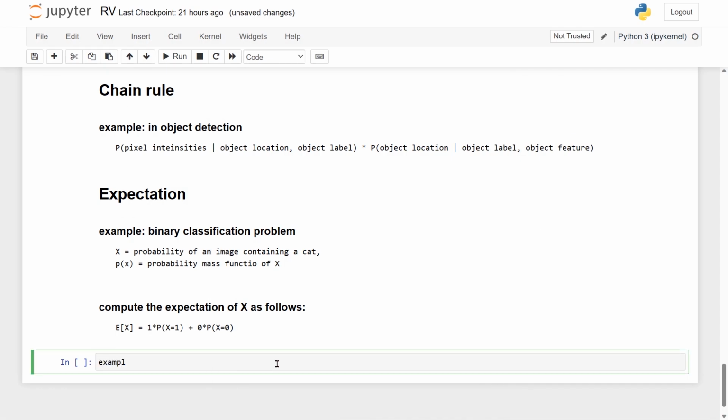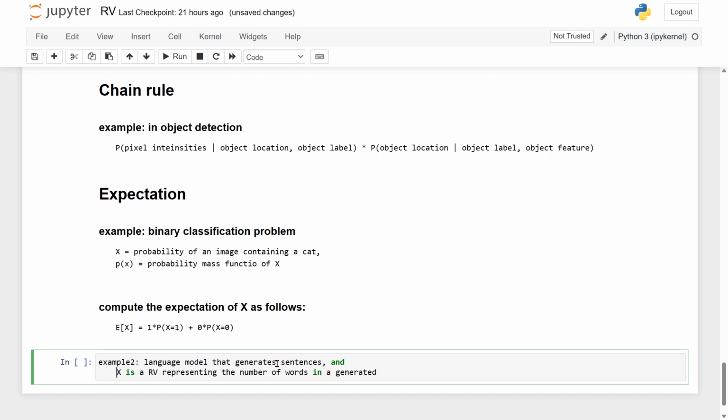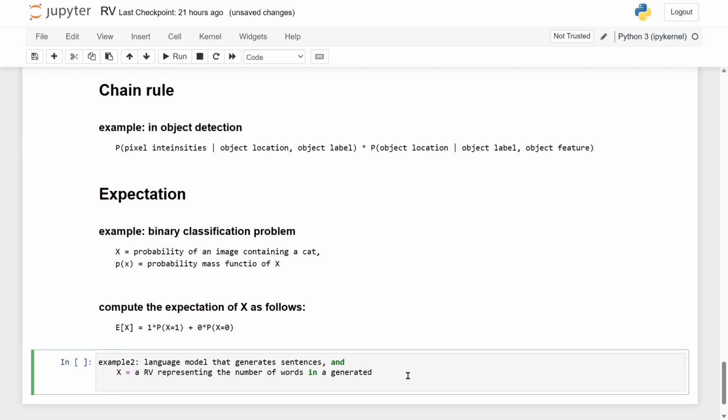So this time, example 2. Suppose we have a language model that generates sentences, and x is a random variable (RV) representing the number of words in a generated sentence.